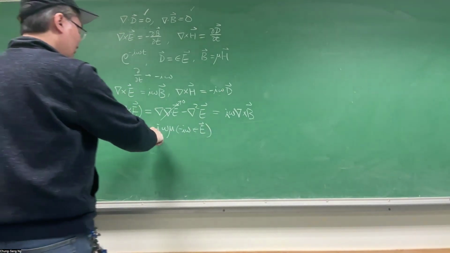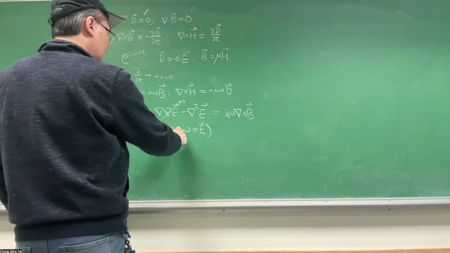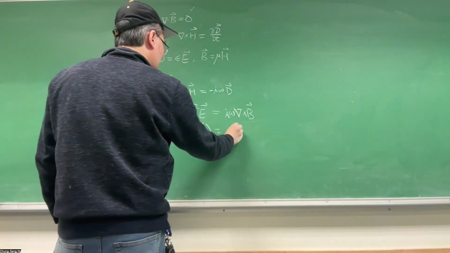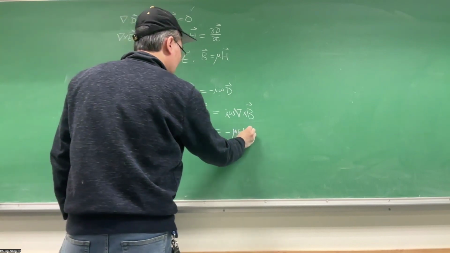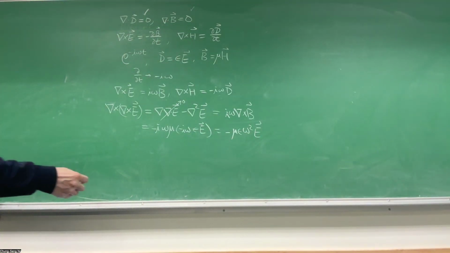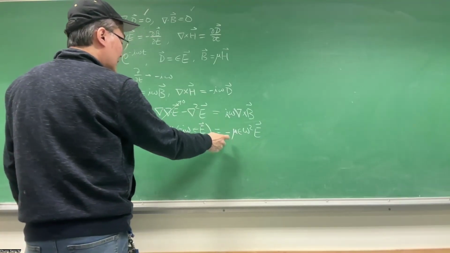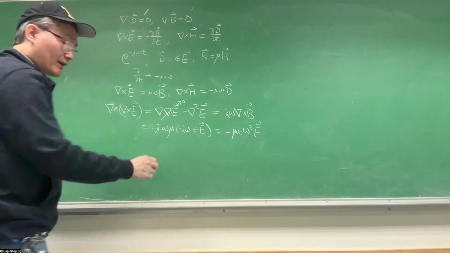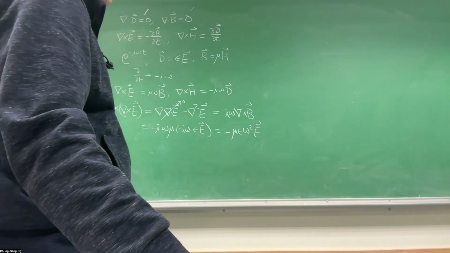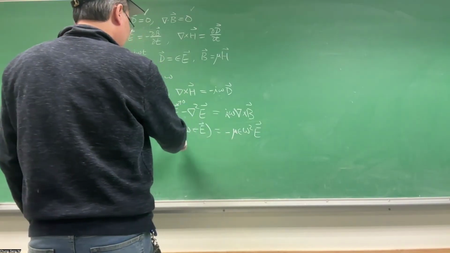So altogether, you multiply i and i, minus 1 and minus 1 is positive. This is minus, we have mu epsilon, and we have omega squared. Okay, so the Laplacian E, with no negative sign, equals to this one, or you can put it in the same equation. I think, hopefully I get the sign right. Did I get the sign right?